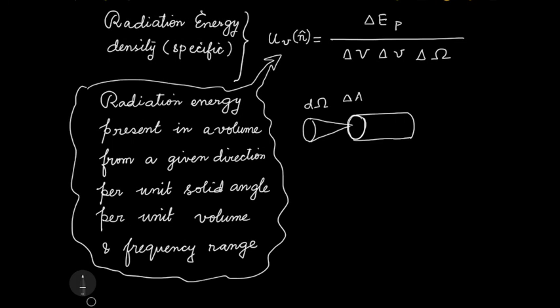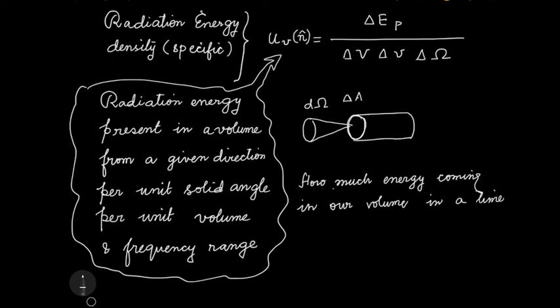So I ask the question, how much energy is coming inside our volume in a time delta t from radiation.